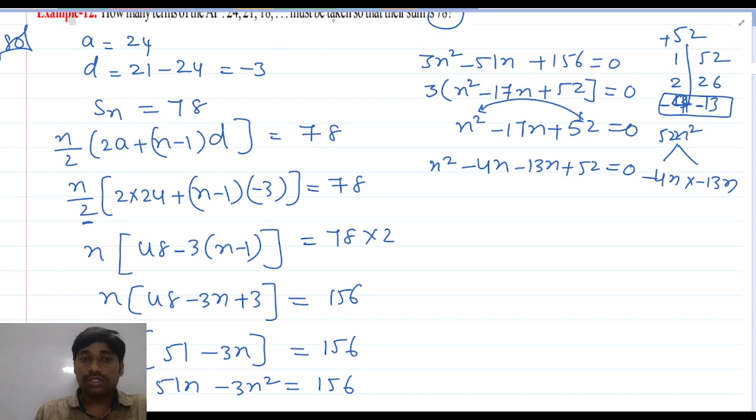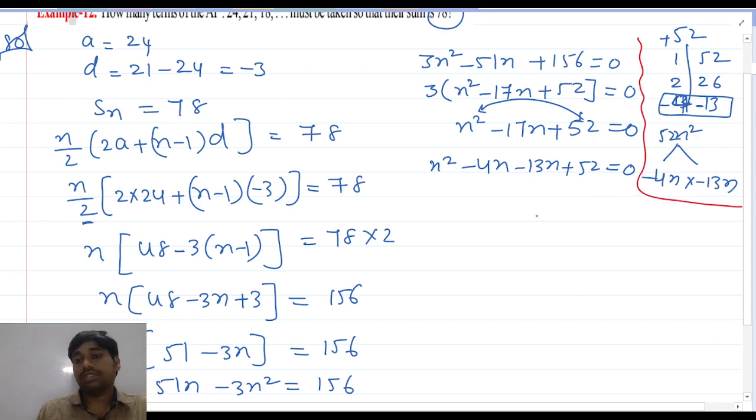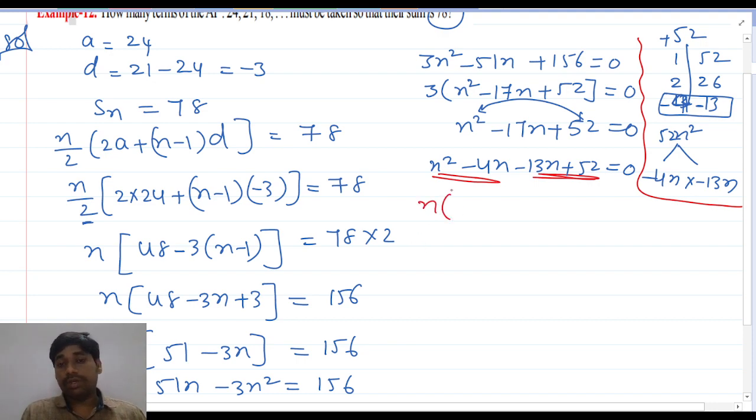To solve this, I'll change the pen color here. In the first two terms take one common, and in the second two terms take another common. In the first two terms, take n common: n into n, 1 is out, and minus 4 is left. Then take minus 13 common from the next two, so n minus 4 is equal to 0.